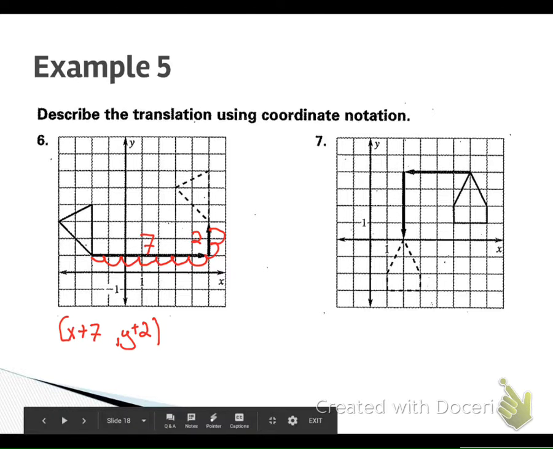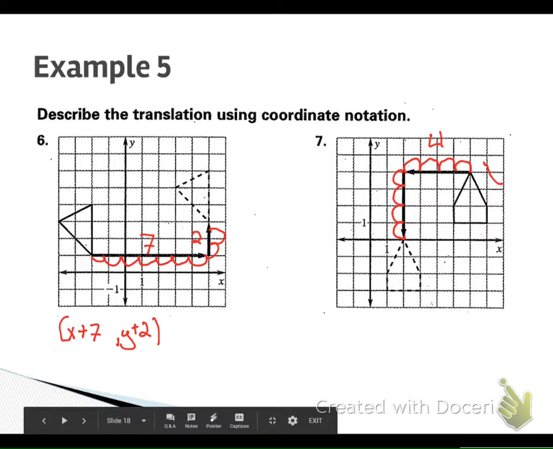Our next one is going to be the same idea. This one I think is a little harder to see, so hopefully you can see it on your page with the dashes. So we move over 1, 2, 3, 4. So we have 4 this direction. And how many do we go here? Close. Yep, because that's right to that point. So we're going from this point.